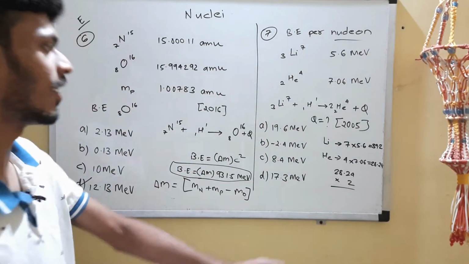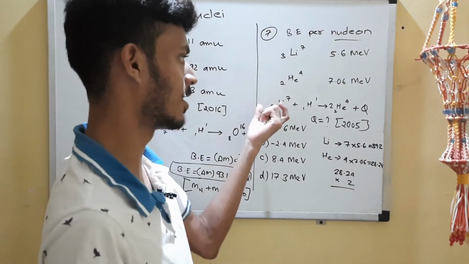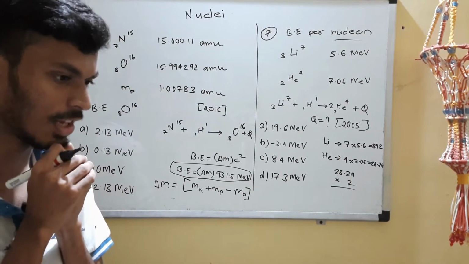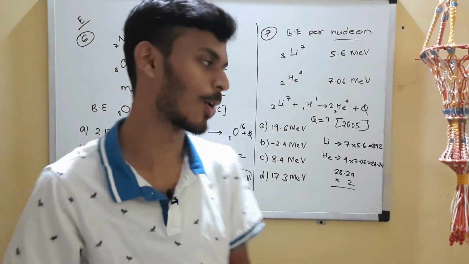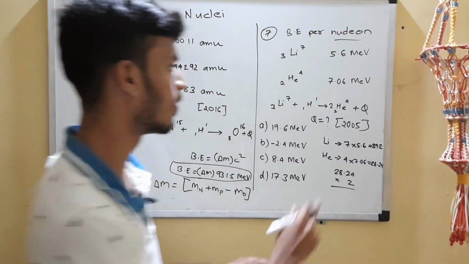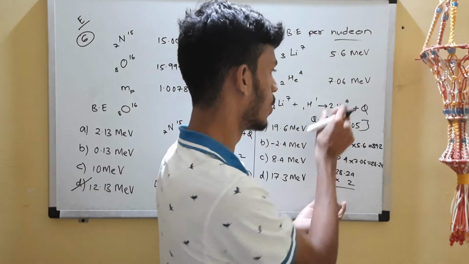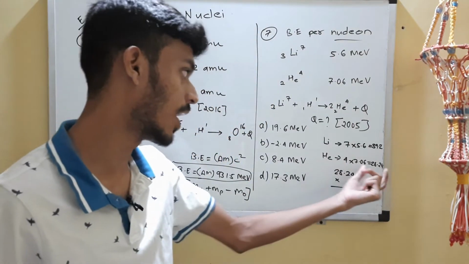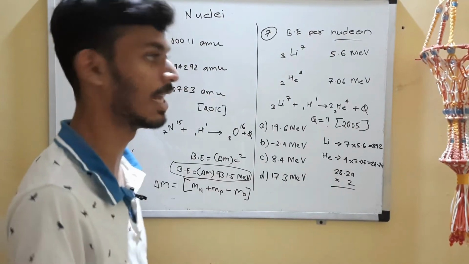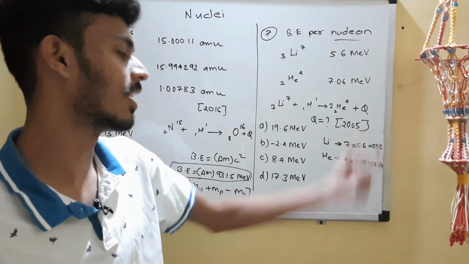Basically you will find the difference in these two energies. This is on left hand side, that is on right hand side, so the difference in their binding energies will give you this heat which is released. The special attention you have to pay over here is that you have two helium atoms. So this is for one helium atom, you have to multiply this by 2 for two helium atoms, and then take the difference, and that will give you the energy.